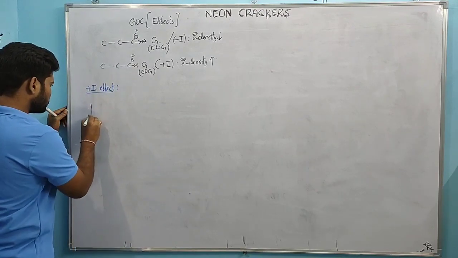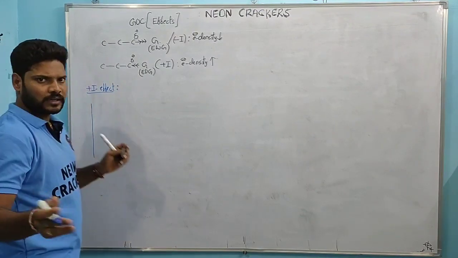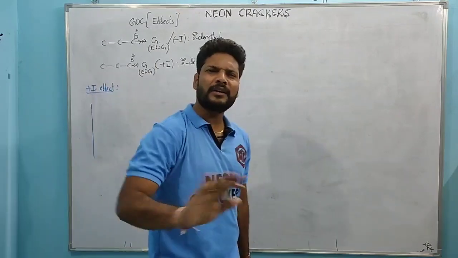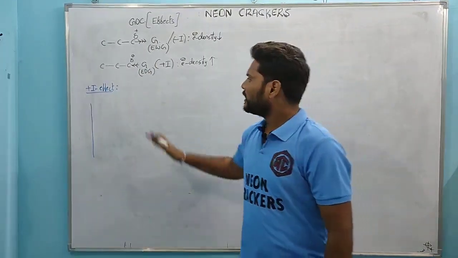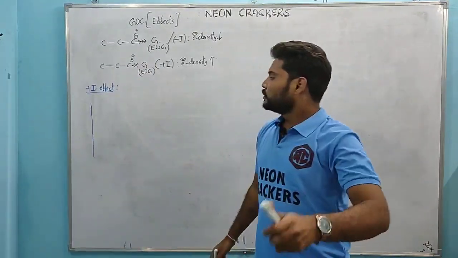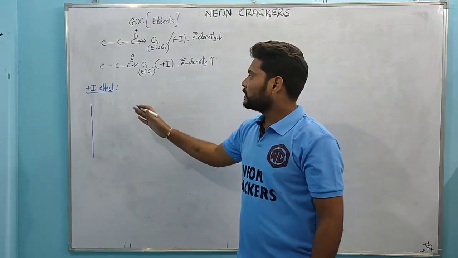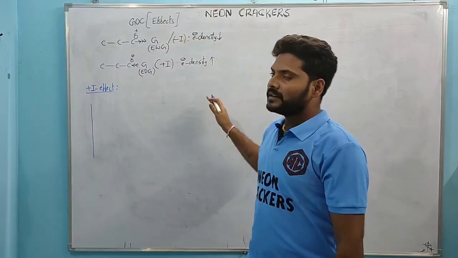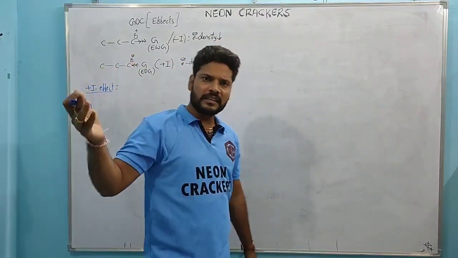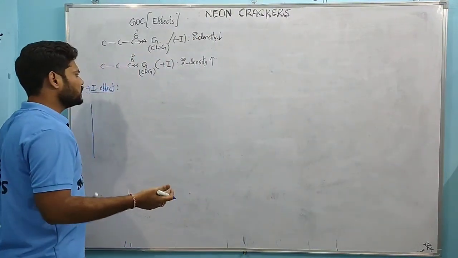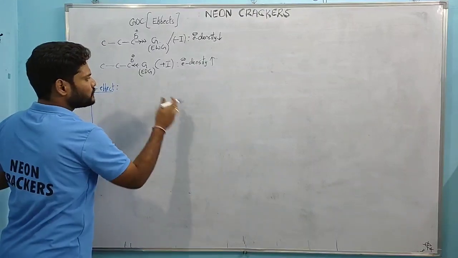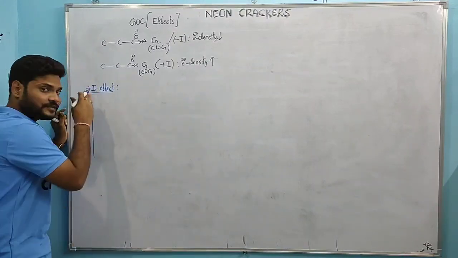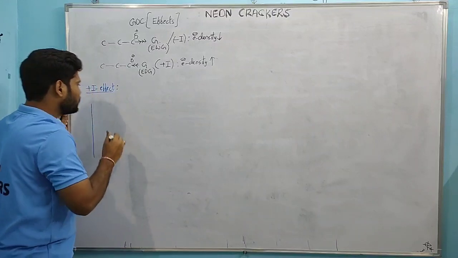Then there is no need to remember the trend mentioned in the textbook. If you know all these factors, you yourself can find the order among the four options, whether it is basic nature, acidic nature, or carbocation stability. So these are very important factors.